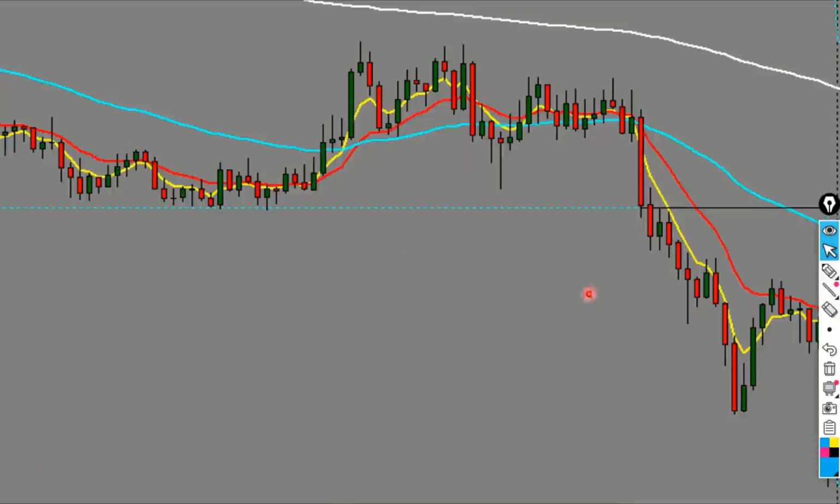The same thing. This is supposed to be Euro USD, if not Pound USD. I don't remember exactly. Consolidation in here. Hey, my lines are off. Let me try to draw them correctly. Consolidation, consolidation. False move to the high, pulls back, repeat the high.